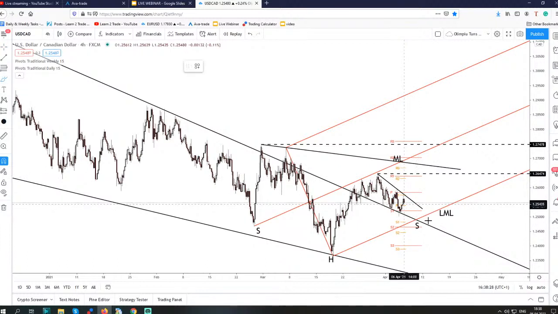from this area. So we are still in a support area here, as long as the price is traded right above this downtrend line, above the lower medium line. So as long as the price continues to stay right above this static support area, above this confluence area, we may still have an important increase, and the price could still confirm a potential bullish reversal here on the US dollar versus the Canadian dollar.